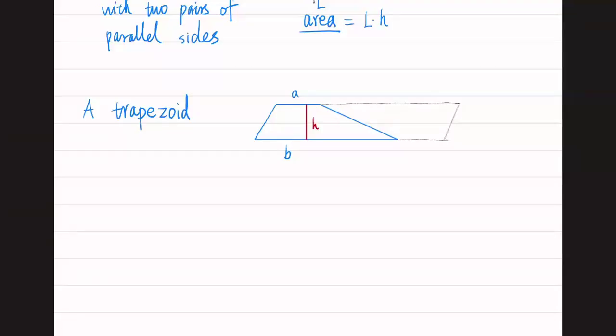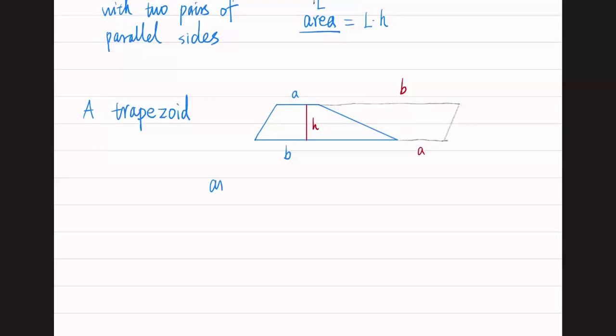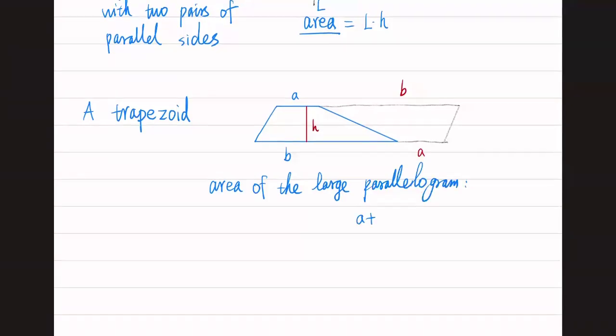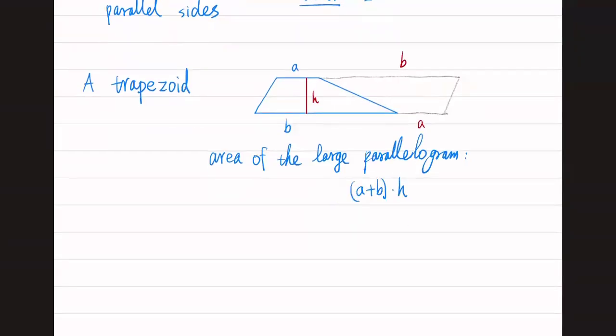In particular, this will be A, this will be B. Now together we have a parallelogram, so the area of the parallelogram will be A plus B times H. So the area of the trapezoid will be half of it.